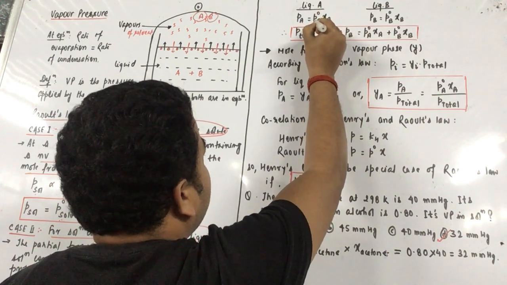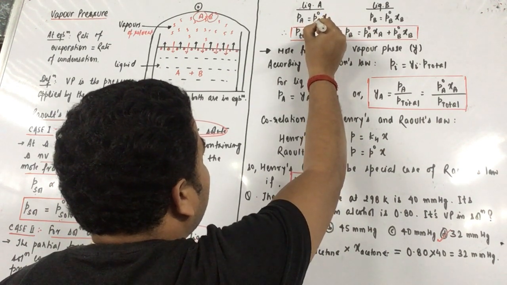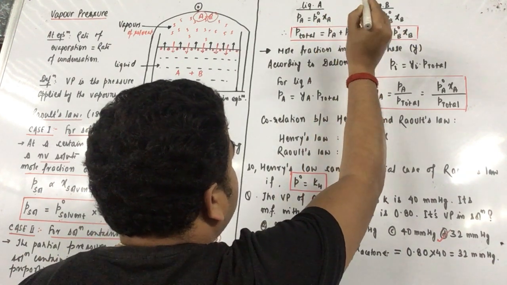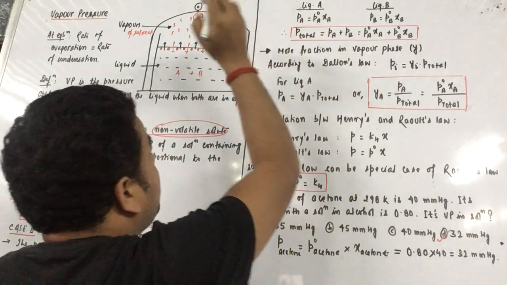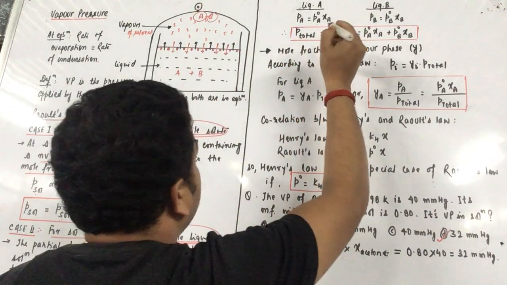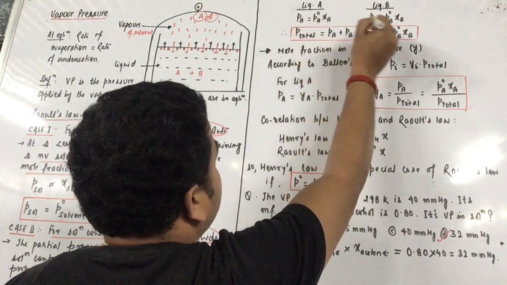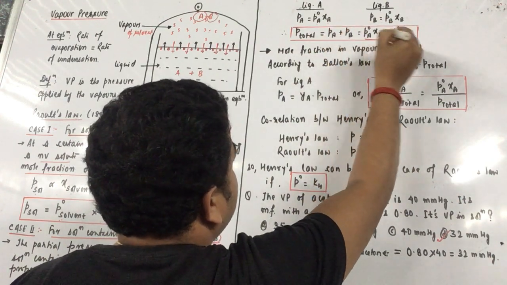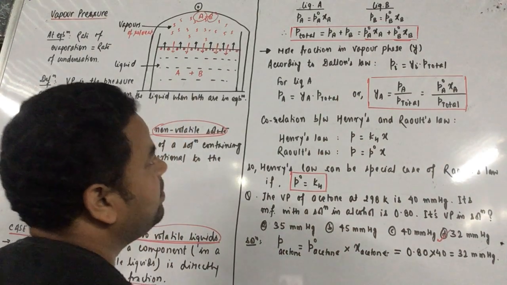P naught A is the vapor pressure of the pure liquid component A. P naught B is the vapor pressure of pure liquid component B. Now the total vapor pressure in such a case will be equal to PA plus PB. Now this PA can be written as P naught A XA and PB can be written as P naught B XB.